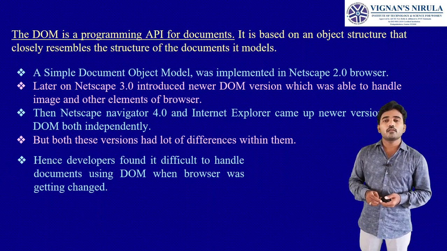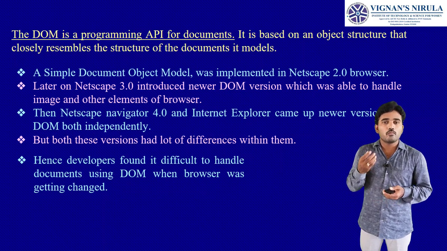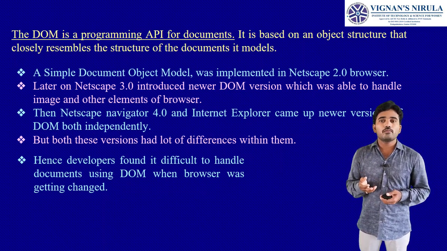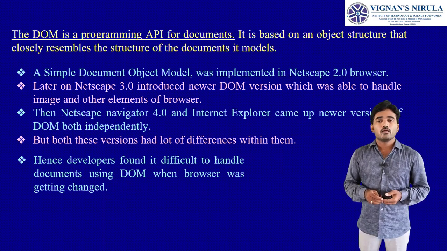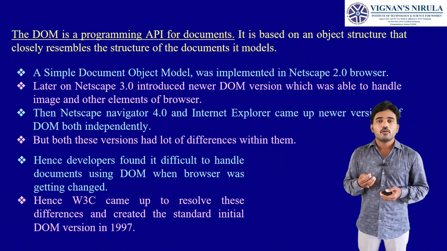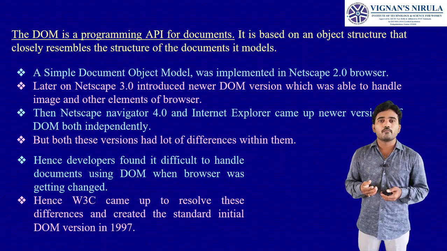And do remember that these two versions had a lot of differences between them. So developers found it difficult to handle documents using the Document Object Model when the browser was changed. That's why the developers decided to build a standard version.